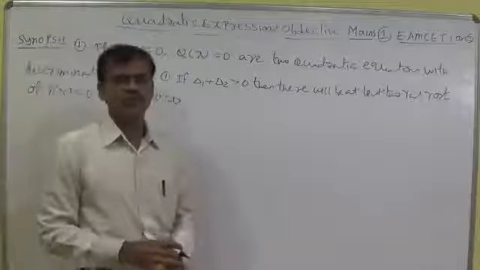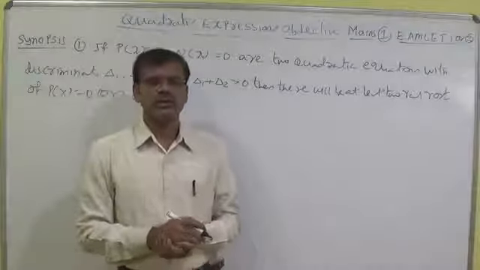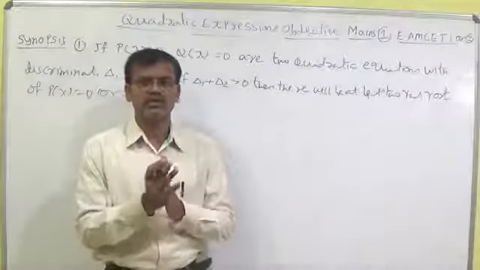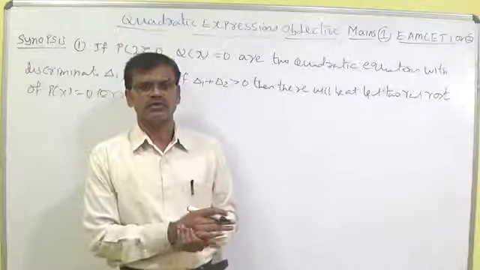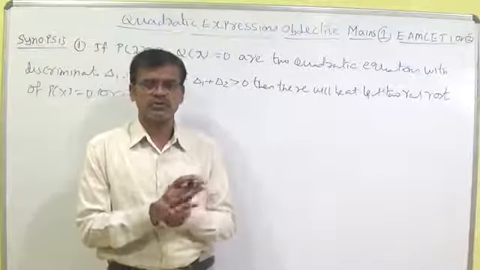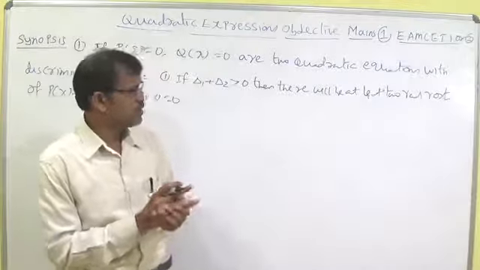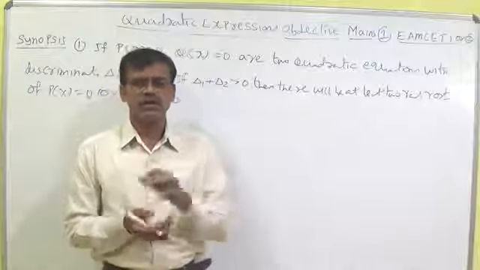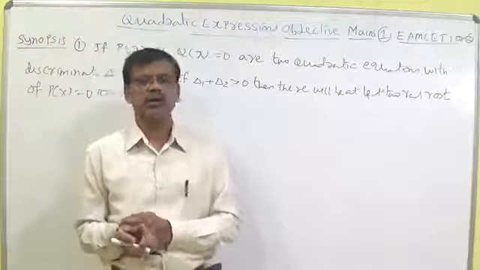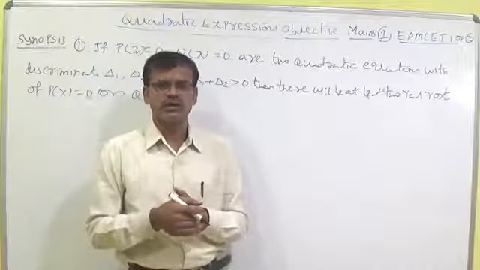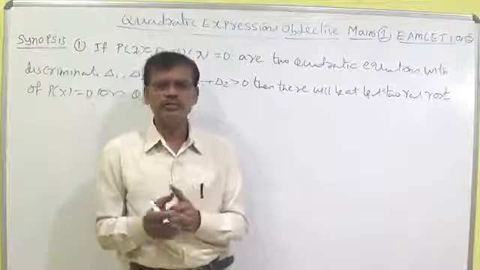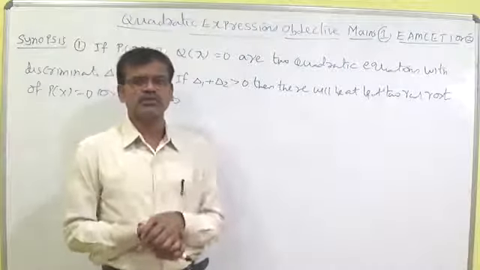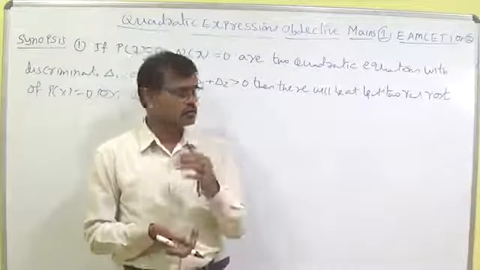That means, if P of x equal to 0 is a quadratic equation and Q of x equal to 0 is another quadratic equation, and we want to discuss the nature of the roots of the combined equation, P of x into Q of x equal to 0 or P of x plus Q of x equal to 0, like that. In objectives the general notation given is first equation into second equation, P of x into Q of x, like that the question will be raised.